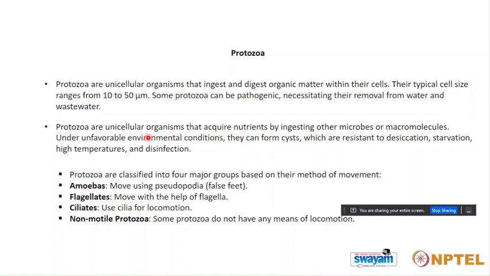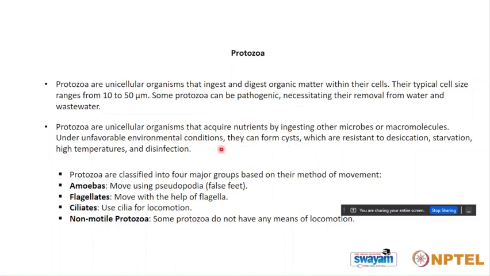So it gives the protozoa the upper hand in terms of size, so that they can consume other microorganisms and macromolecules. Usually these protozoa tend to form cysts in unfavorable conditions.